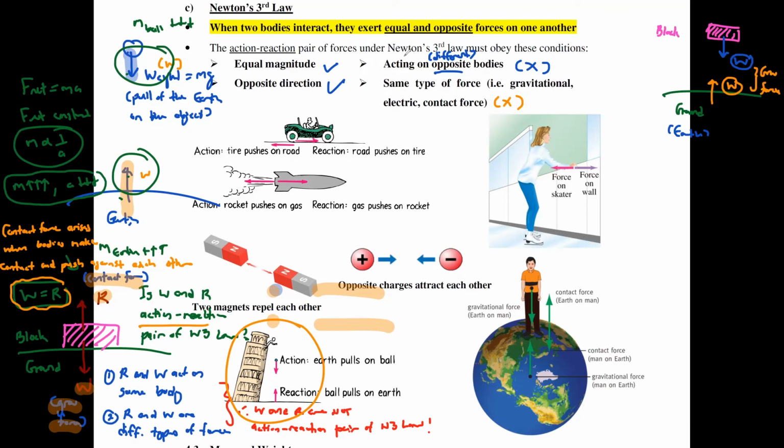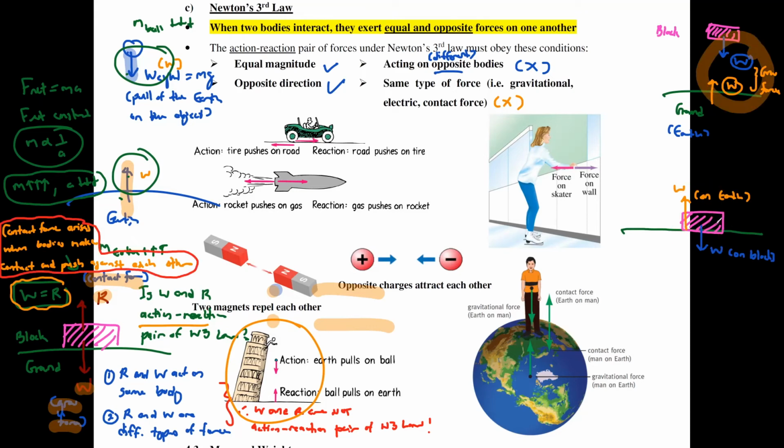Yeah, sir. So right now, what happens when the block is now in contact with the ground? You still have the weight W on the block. You also still have the weight W on Earth. So this pair that you see here is still this pair.